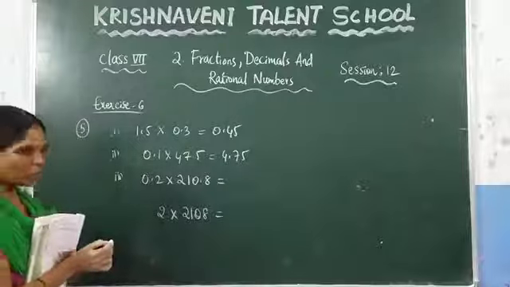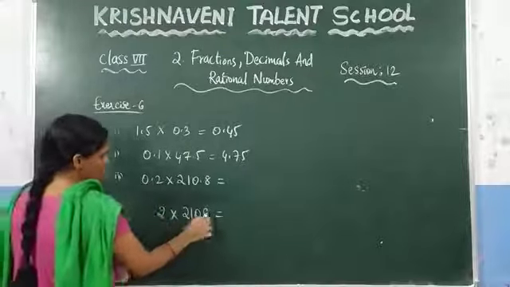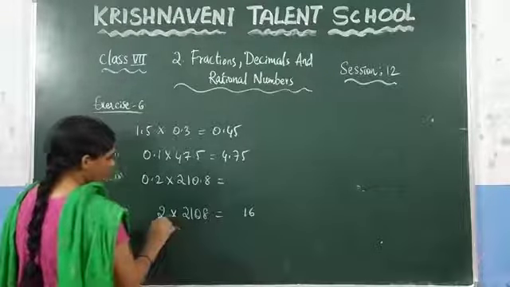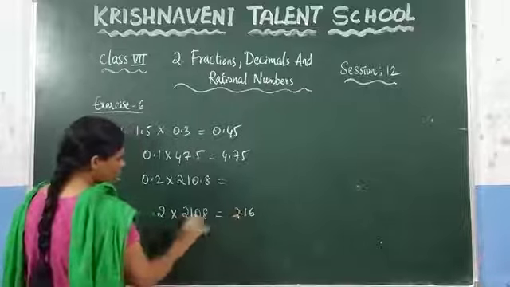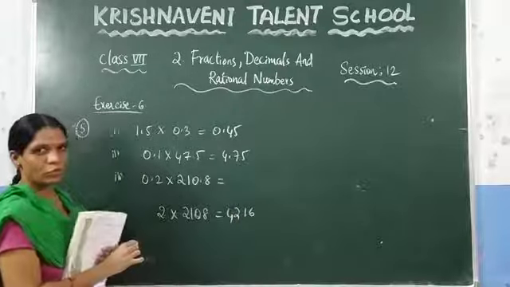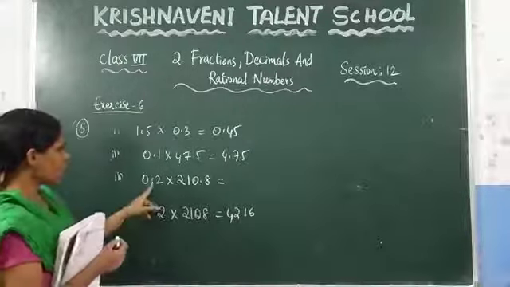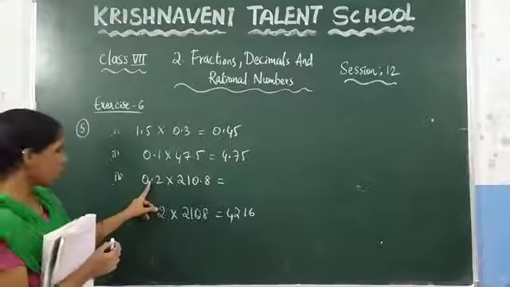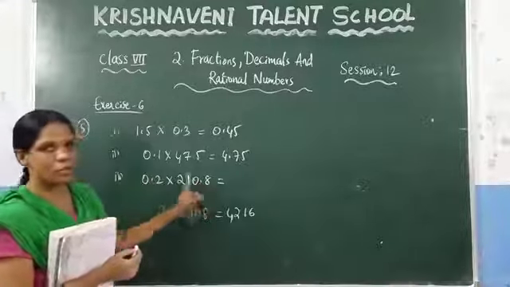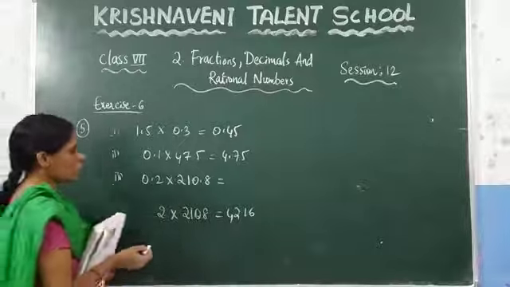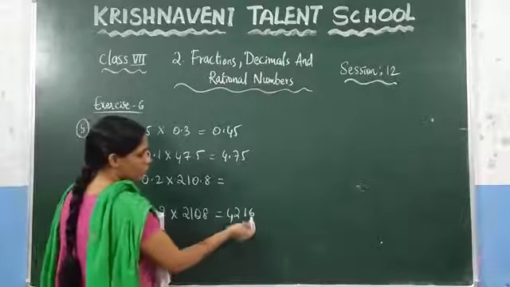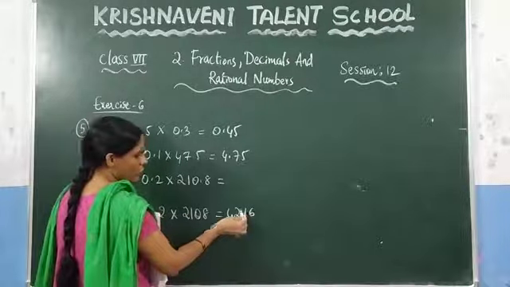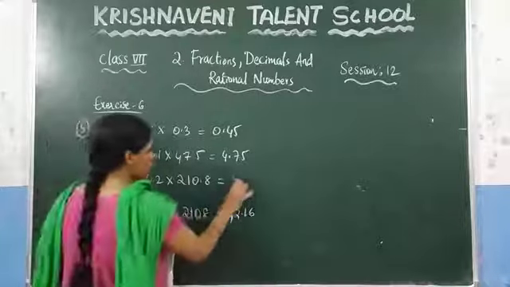Now make the product of these two values. What will we get? 2 8s are 16, and similarly 2 1s are 2, 2 2s are 4. So we got 4216. Now after the decimal point how many numbers are there? Here 1 and here 1. So 2 numbers are there. Now starting from the right, count two numbers, 1 and 2, before that you keep the decimal point. So what will be the answer here?